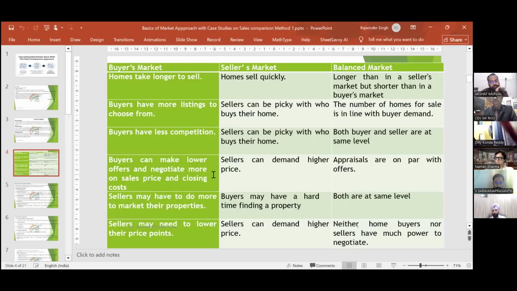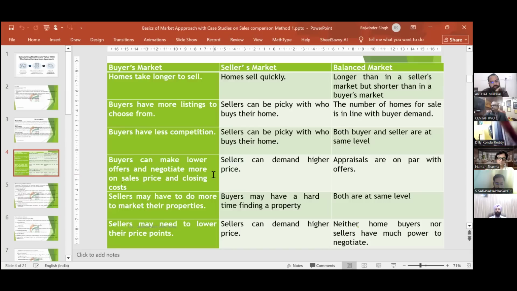Next, in a buyer's market, buyers have more listings to choose from, and in a seller's market, sellers can be picky about who buys their homes. And in a balanced market, the number of homes for sale is in line with the buyers' demand. In a buyer's market, buyers can make lower offers and negotiate more on sale price and closing cost, whereas in a seller's market, sellers can demand a higher price, and in a balanced market, appraisals are on par with the offers.